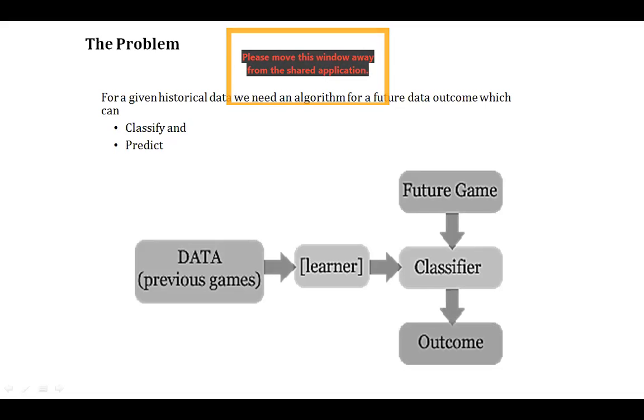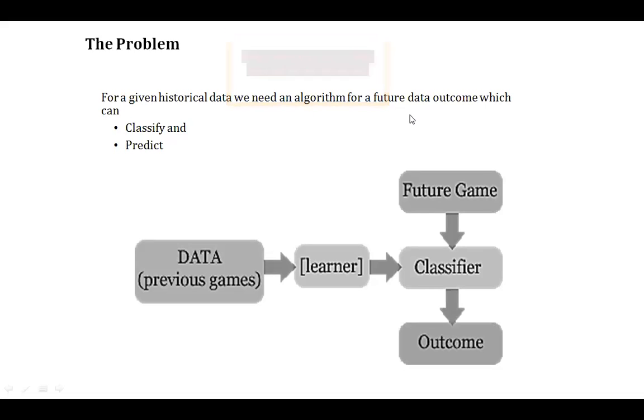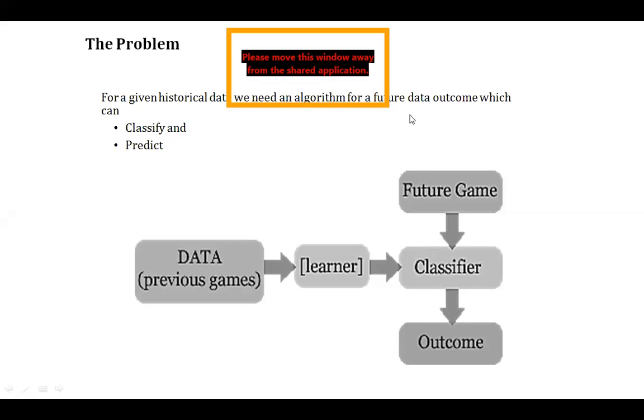Another thing. Here I have given an example for your decision tree. You will have data based upon your previous game. For example, if you are downloading any game from the Google Play Store, what will you do?